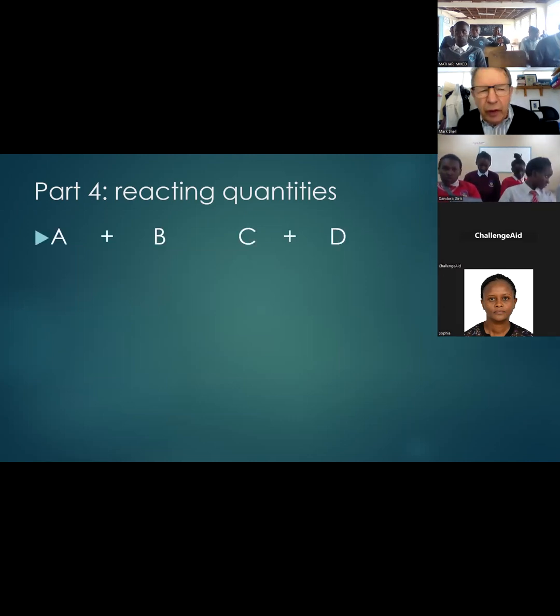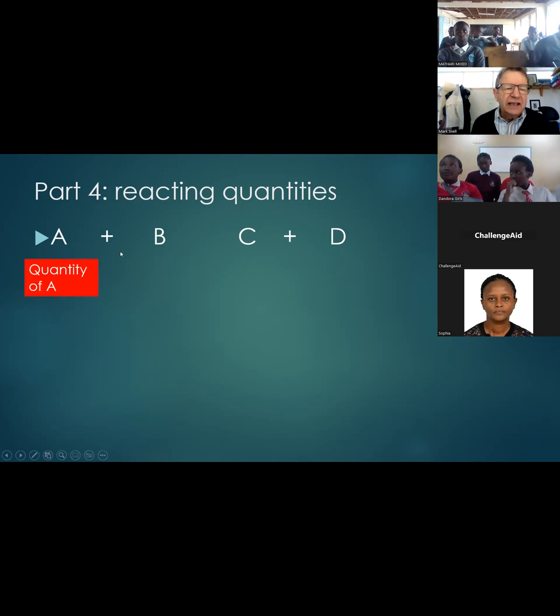Let's say that we have A and B which react together to give C and D. It doesn't matter what they are. They could be zinc and hydrochloric acid, making zinc chloride and hydrogen. In a question, they often ask you, if you start with a certain amount of A, how much D will you get?